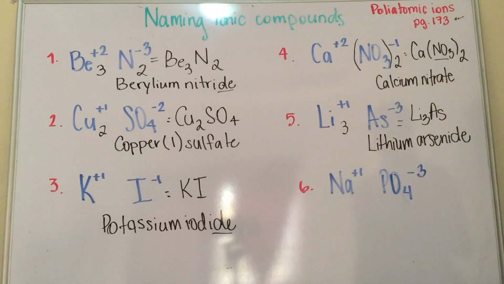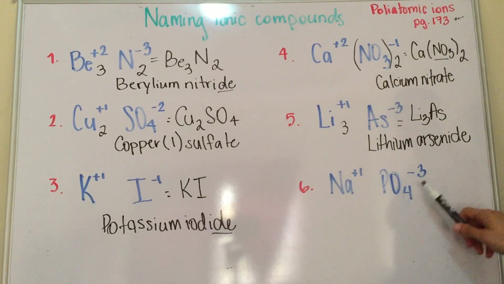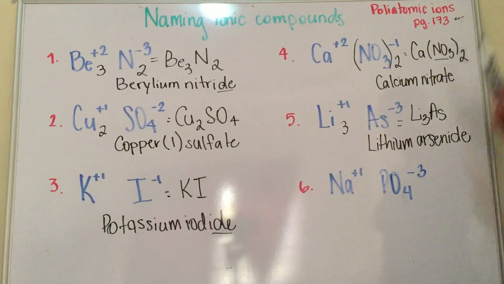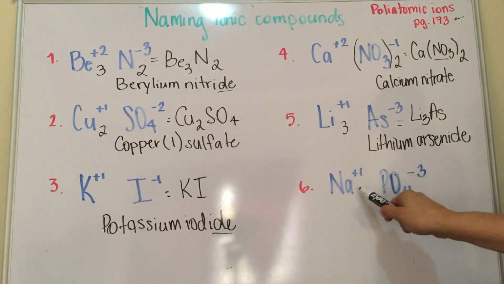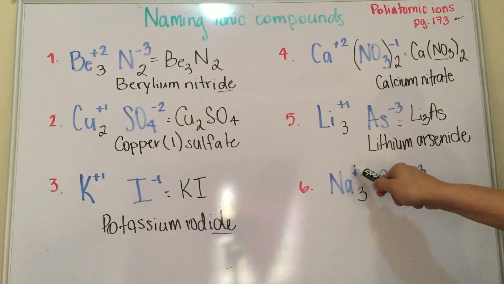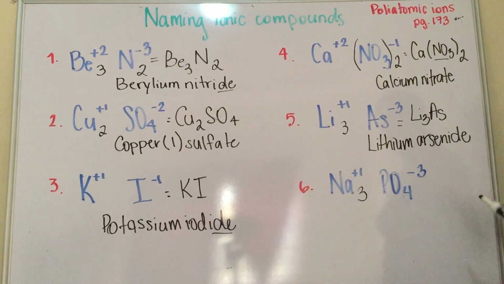All right, and number 6, finally, we have sodium with a charge of +1. And we have this one right here. Again, it's a polyatomic ion, and its name is phosphate. So we have sodium +1, phosphate -3. I need to make this 1 a 3, so I just put a 3 here. So I can change that because 3 times 1 is +3, -3 is 0.